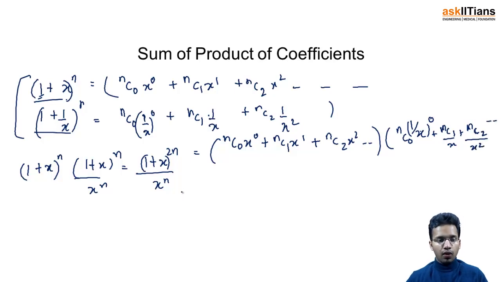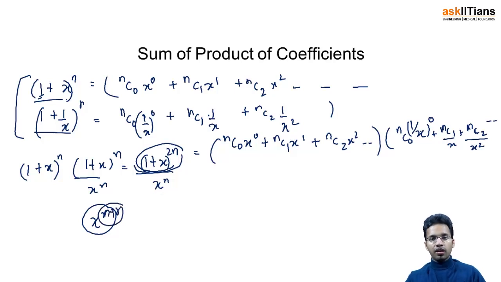Now in this one, this is again an expansion. Now if I want the coefficient of x raised to power r in this one, basically not r, it will be n plus r.